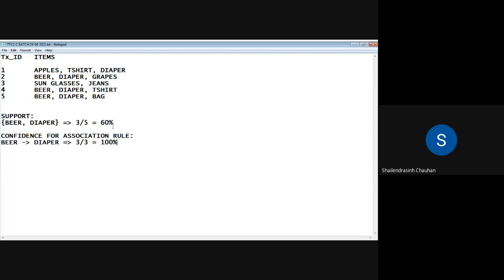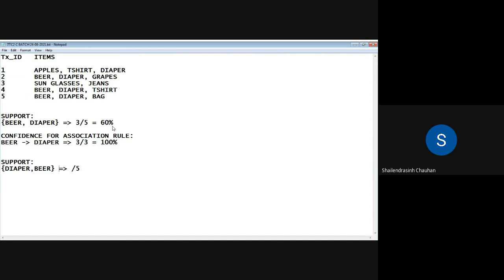Now, let us flip this. Just flip the items in the association rule. There will be no change in support. Let us write diaper, beer. For support, there will be no change. Total we have 5 transactions.